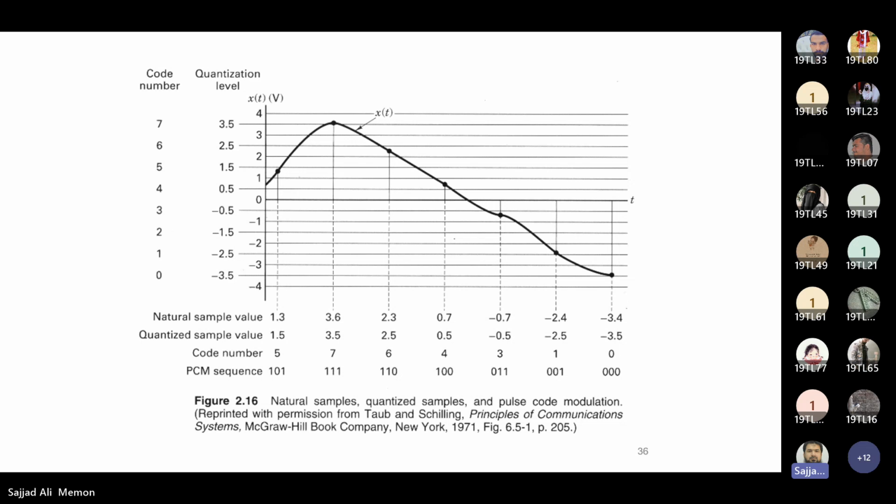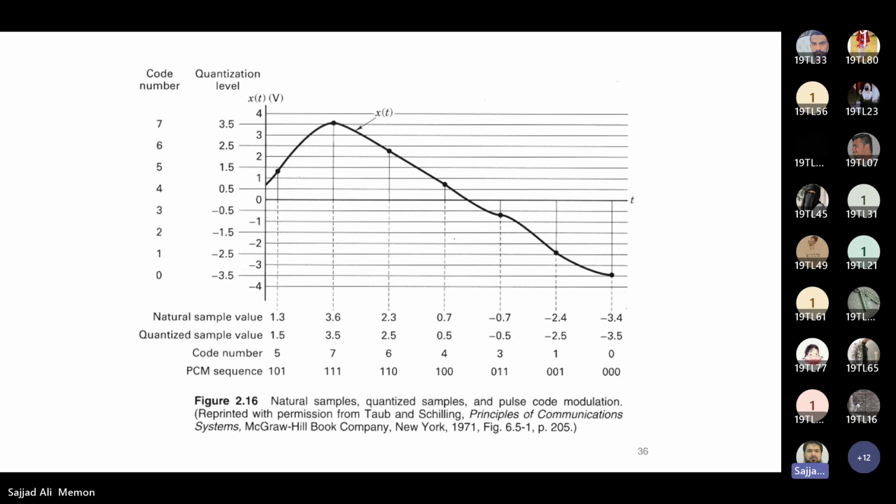If we have 1.3 and we use 2 power 4, that is 16 levels and 4 bits per sample, then instead of moving 1.3 to 1.5, we move 1.3 to 1.25.